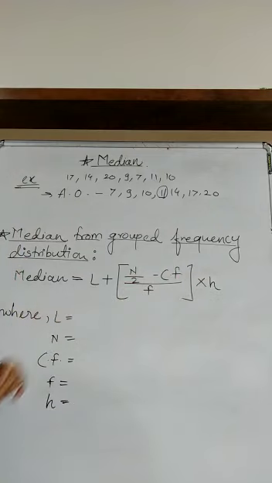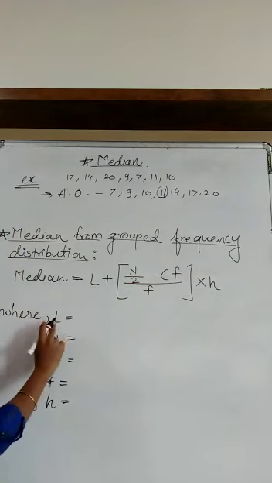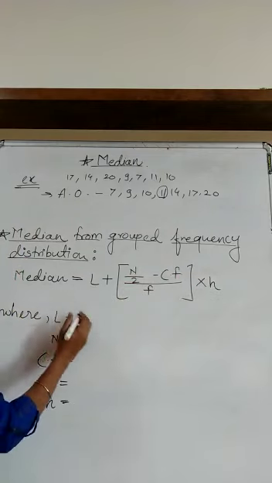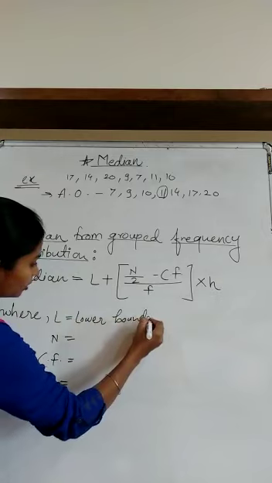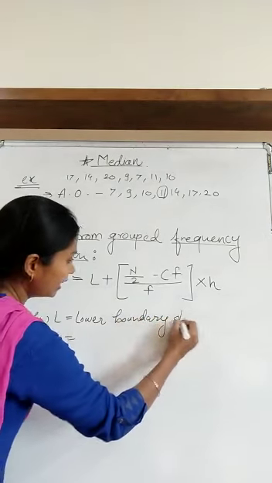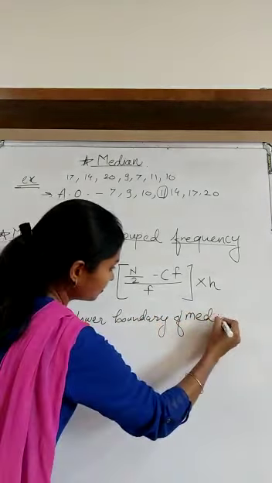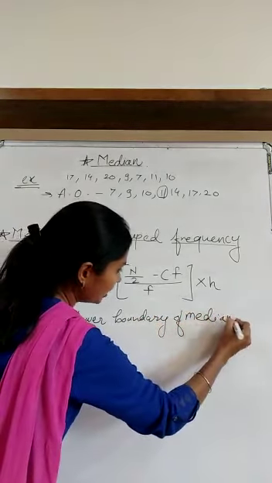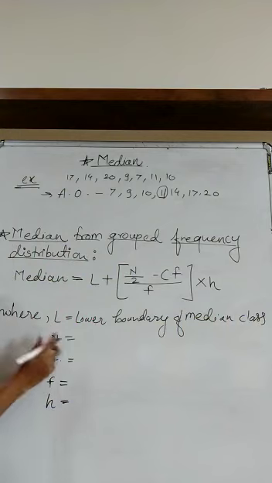Let us see what they are indicating symbolically. Capital L we are using for the lower boundary of the median class. In the example I will explain how we take the median class. Capital N is the total frequency.